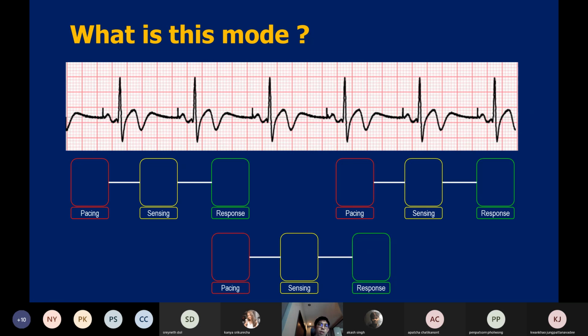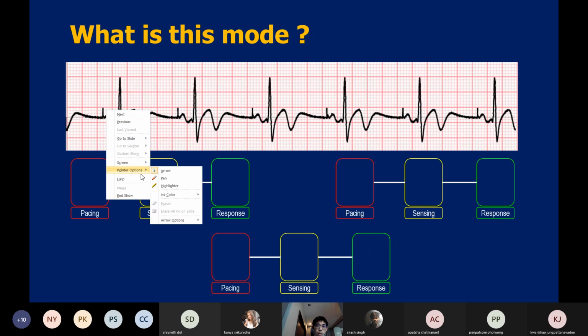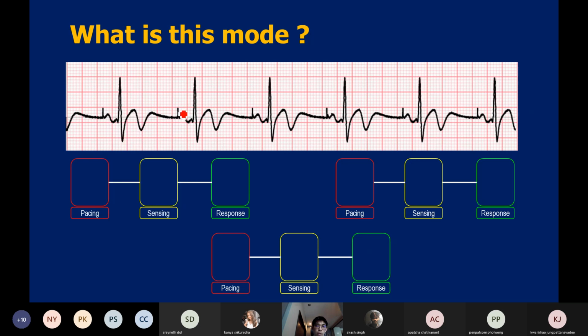The RA lead is pacing, but assuming that there is an intrinsic rhythm coming up here, and there is no pacing coming up next, it means that the atrial lead senses the intrinsic P wave rhythm.